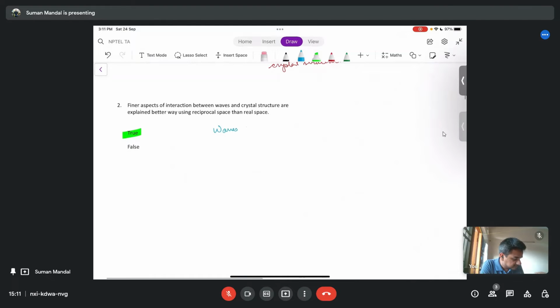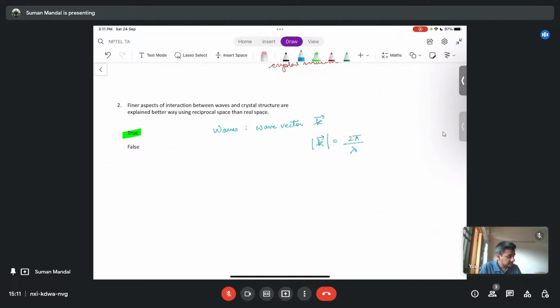Waves have something called the wave vector. As the name suggests, it's a vector quantity, and if we take the absolute value of this wave vector, it's 2 pi by lambda or 1 by lambda, depending on the convention. Let's say it's 2 pi by lambda.